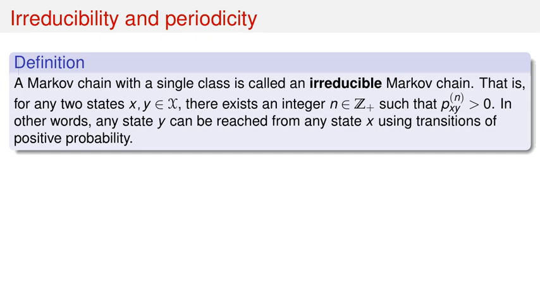Now let's discuss irreducibility and periodicity. A Markov chain that consists of only a single communicating class is termed an irreducible Markov chain.